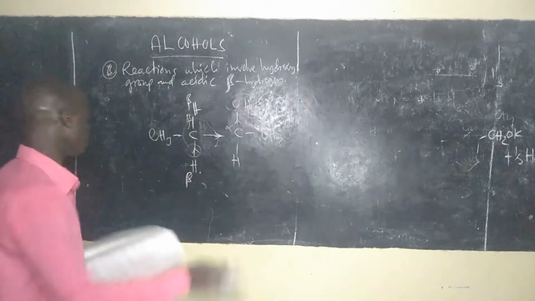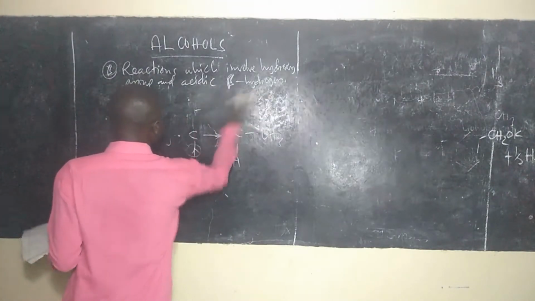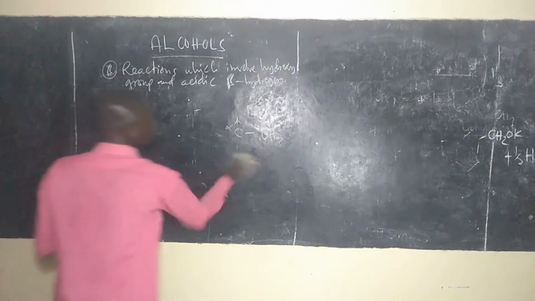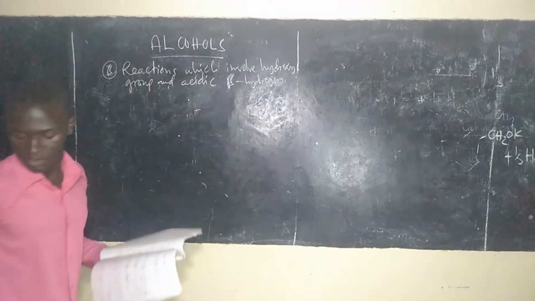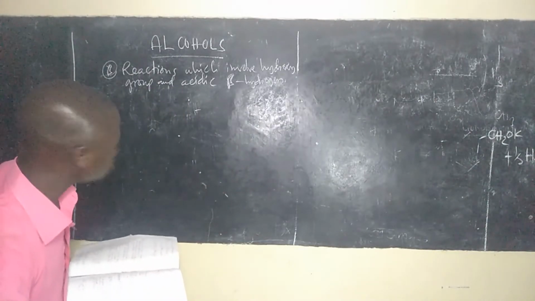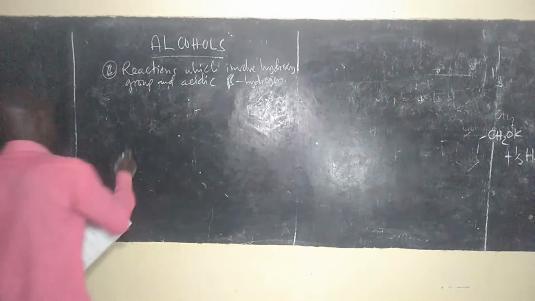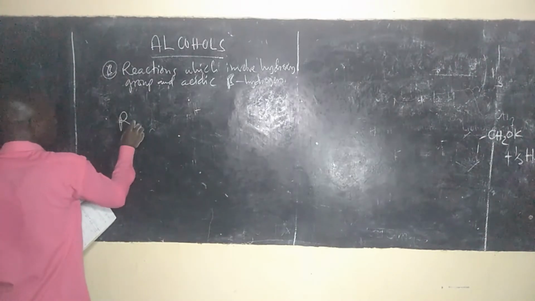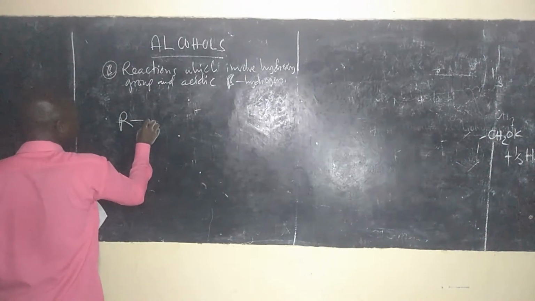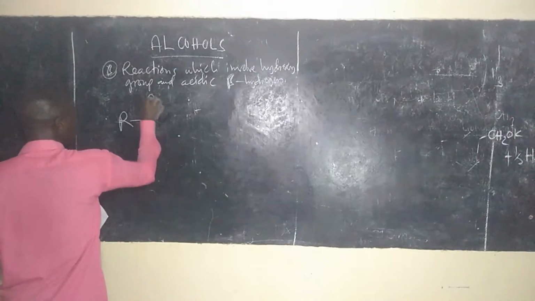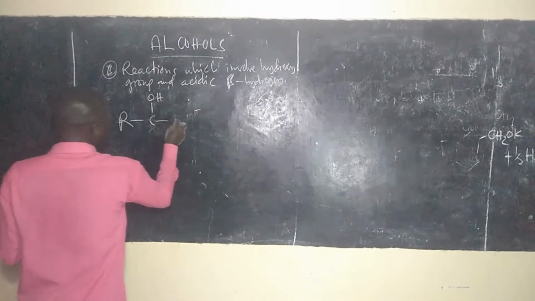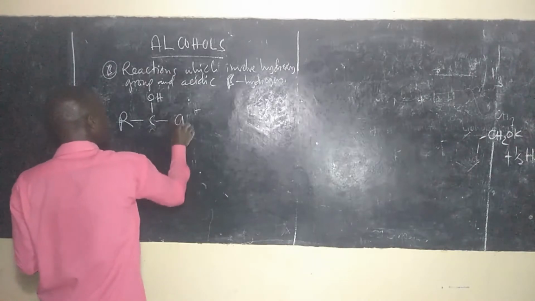If you remember, we said an alcohol, which is R, then COH. Let's say here we have even CH3.